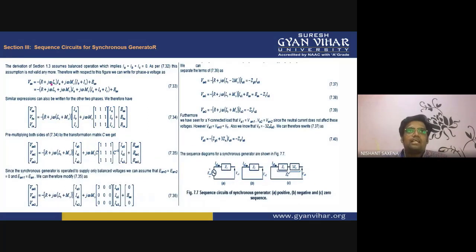So it is written R plus j omega Ls times Ia plus j omega Ms, where Ms is the mutual inductance between phase B and C, plus EAN, the back EMF generated by phase A.